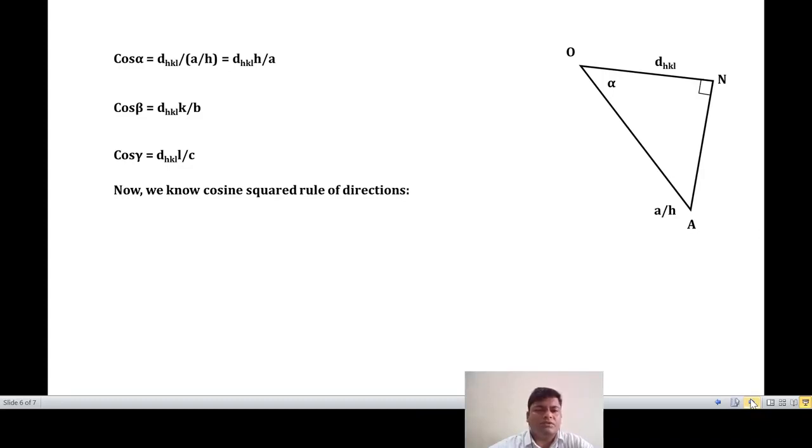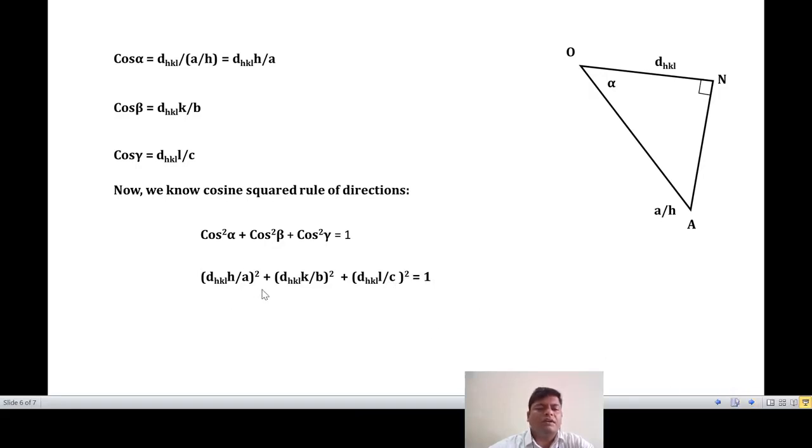Now we know the cosine square rule of directions, which is nothing but cos square alpha plus cos square beta plus cos square gamma is equal to 1. So one can put these relations into this equation. So we will get d_hkl into (h upon a) whole square plus d_hkl into (k upon b) whole square plus d_hkl into (l upon c) whole square is equal to 1.